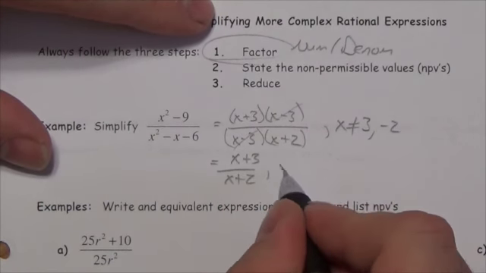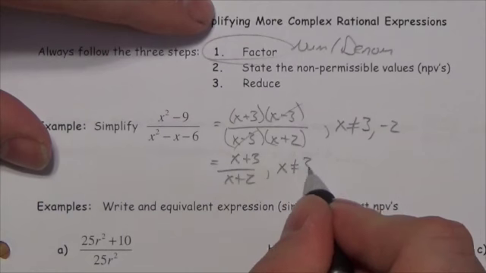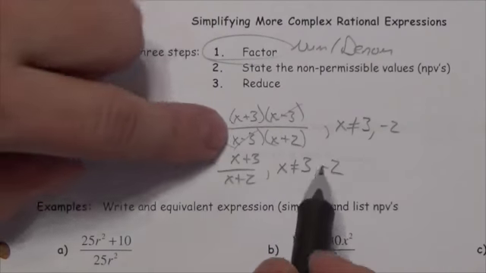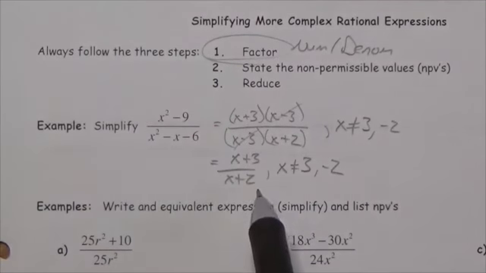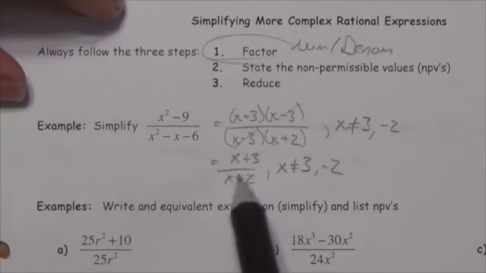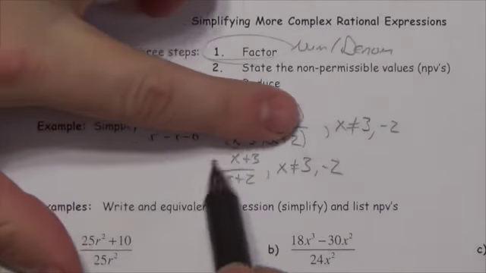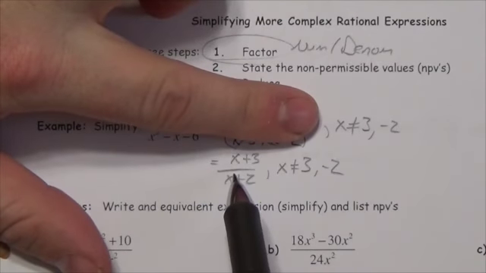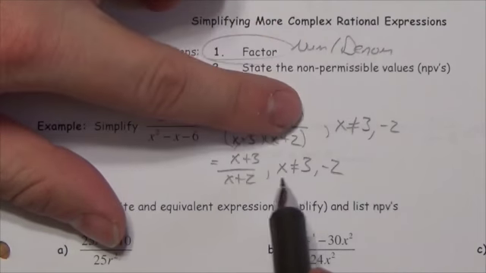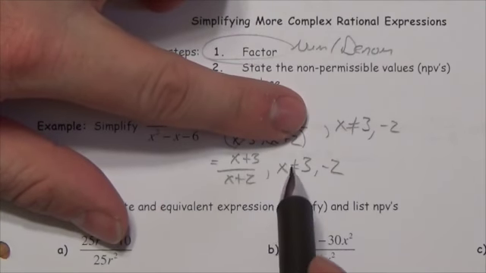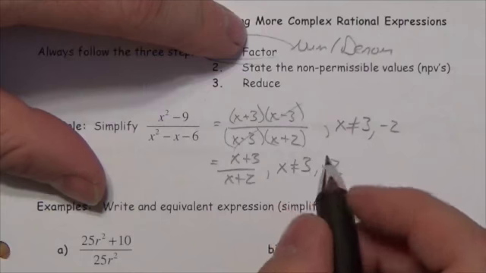However, I need to keep stating the non-permissibles. Mostly because, as we've seen before, as soon as I've canceled out that x minus 3, that non-permissible is gone, right? Down here, this no longer has a problem at 3. So what I need to do is include that, to state, hey, by the way, remember, that was a problem here in order for these to be equal.